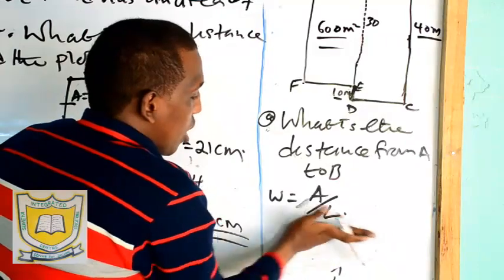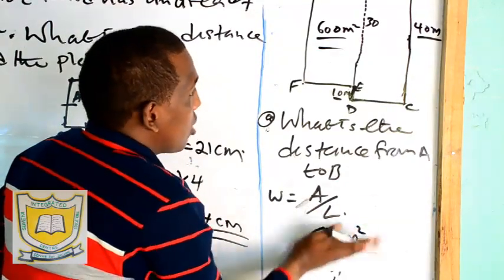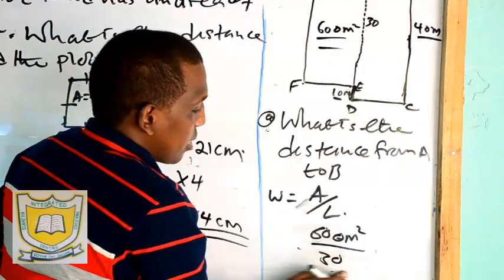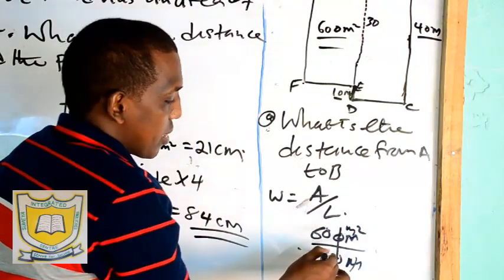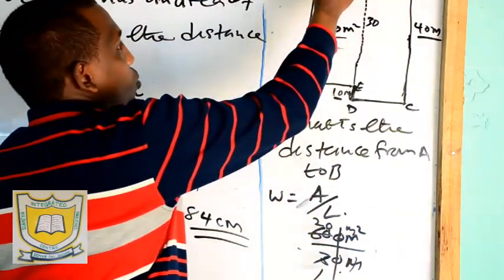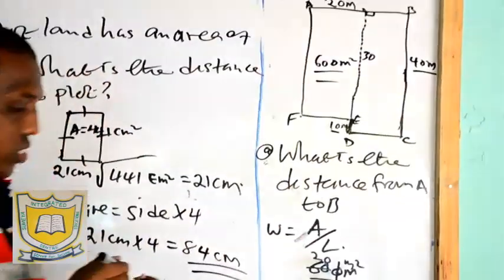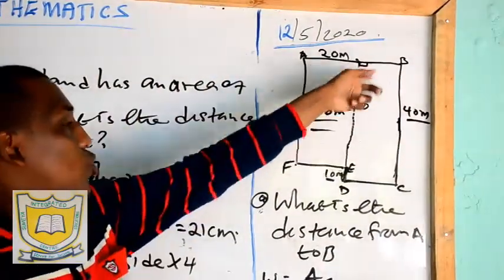So what we do now, we say 600 meter squared over 30 meters. Meter cancels meter. By 3, 1, by 3, 20. So here is 20. That one is 20. And the same now, from here to here is 20.